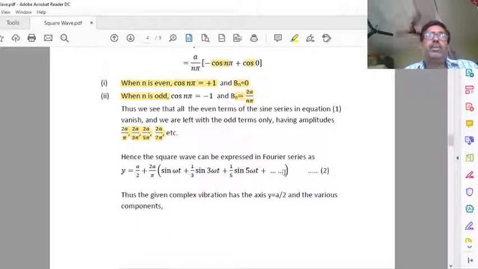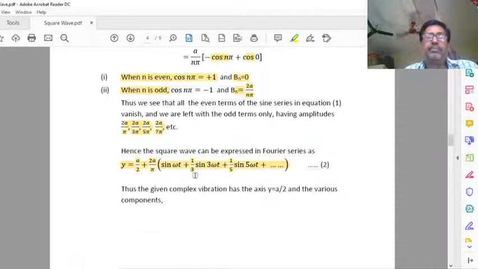And finally, we got the square wave using Fourier's theorem here. You can see 1 by 3, 1 by 5, it means only odd terms, even terms absent.